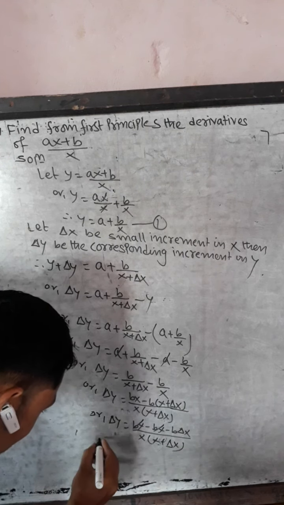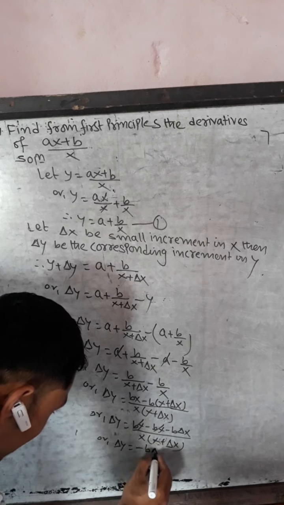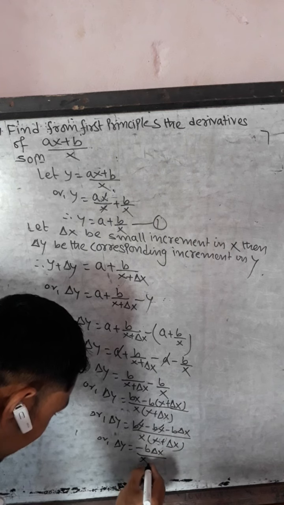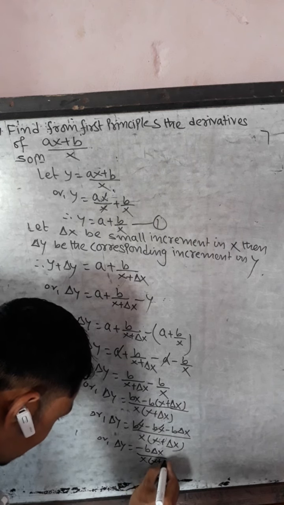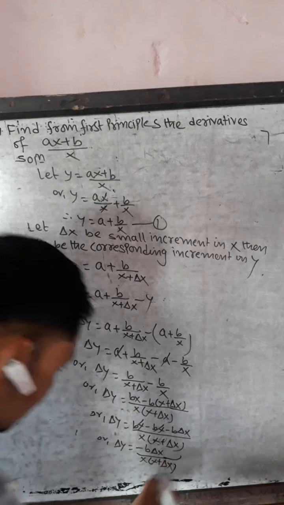So this one and this one cancel, or del y is equal to minus b del x divided by x into x plus del x.